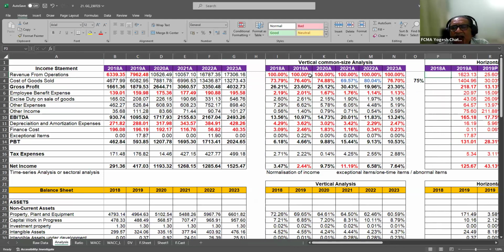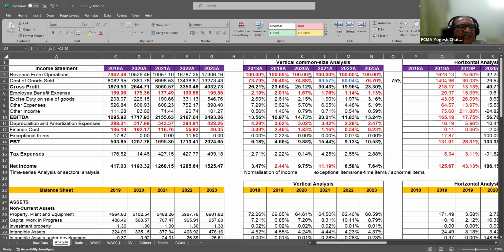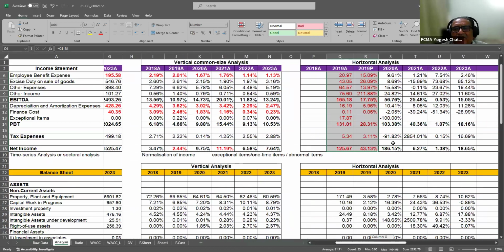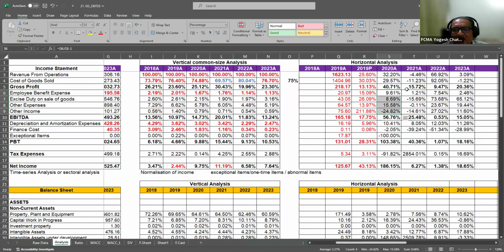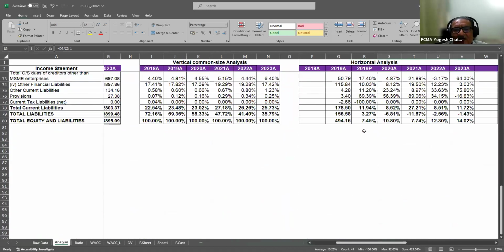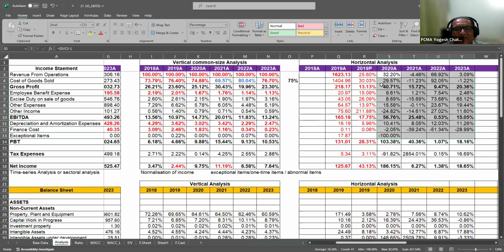So we can conclude that in 2019, the revenue from operations registered a growth of around 1,623 crore, and in percentage terms, that is 25.60%. Likewise, we can do this for all other components of the income statement and the balance sheet, and for each of the years. The same way, we can conclude the horizontal analysis of the income statement and the balance sheet.